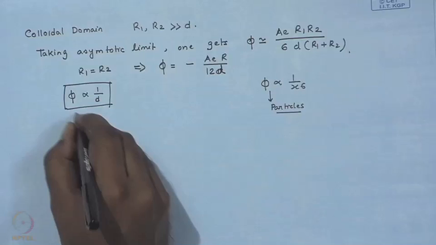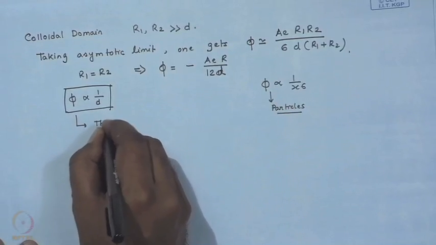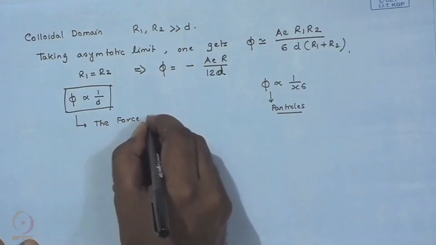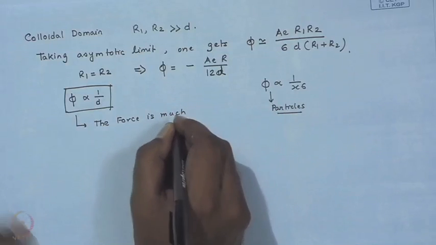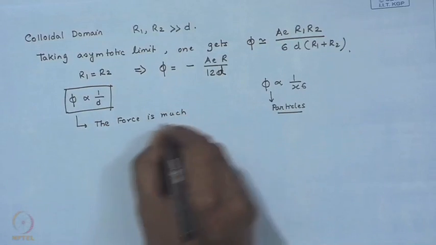But now we see that the decay of the non-retarded van der Waals force between two spherical surfaces is as a function of 1 by d, which means that the decay is even more sluggish as compared to the particles or between two parallel surfaces, or in other words, the force here becomes much longer range.